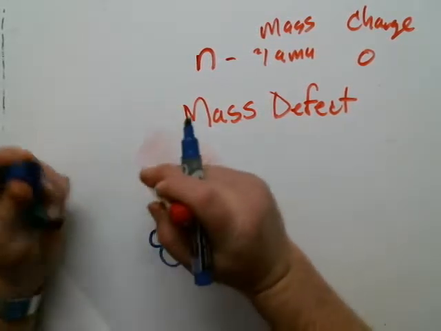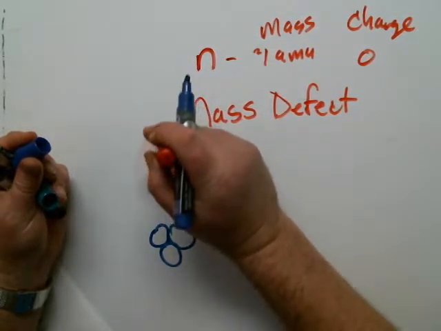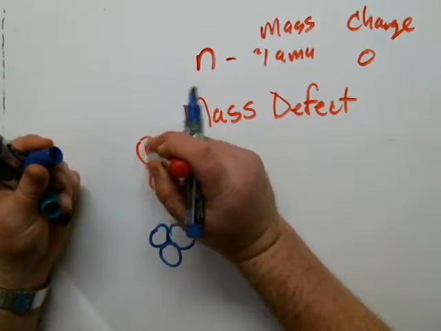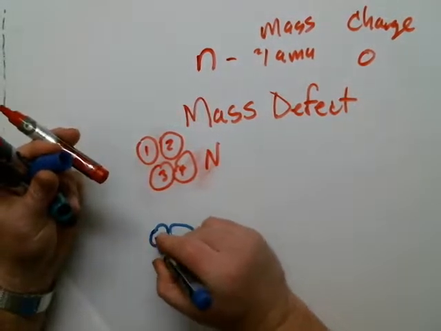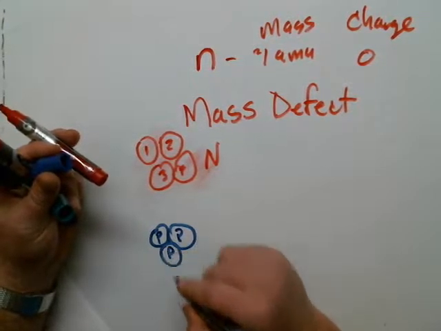I'm only going to make 4 neutrons: 1, 2, 3, 4 neutrons. I'm going to put an N here for neutrons. And I'm going to have 3 protons.